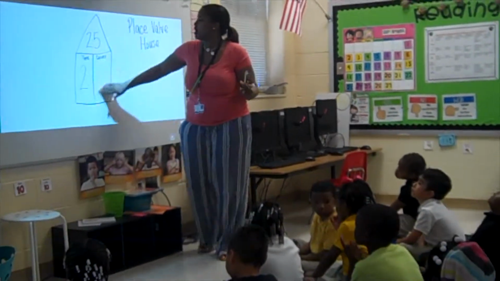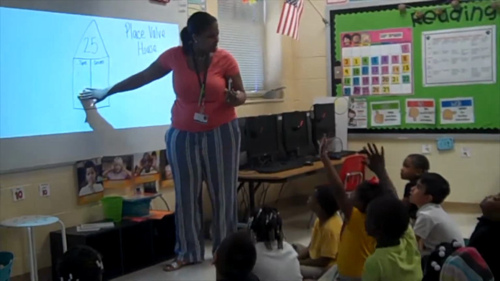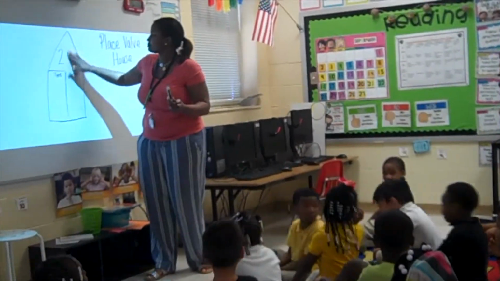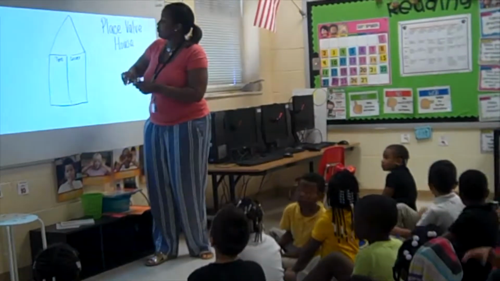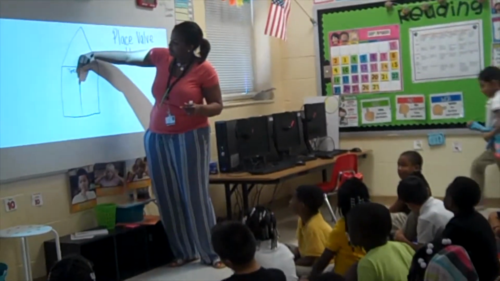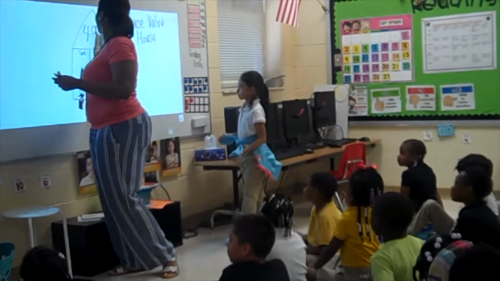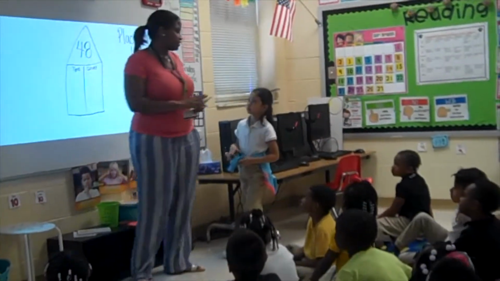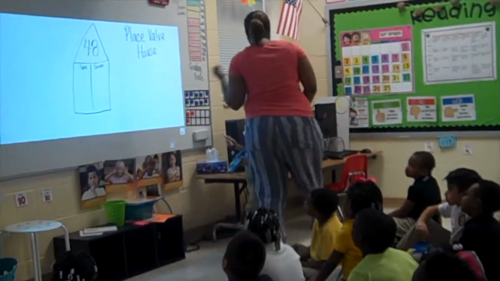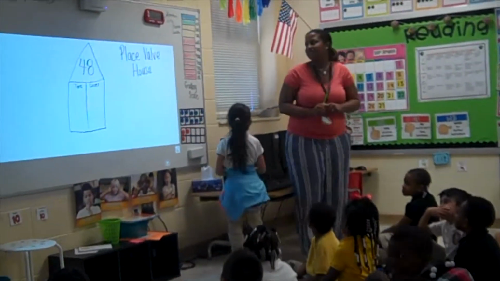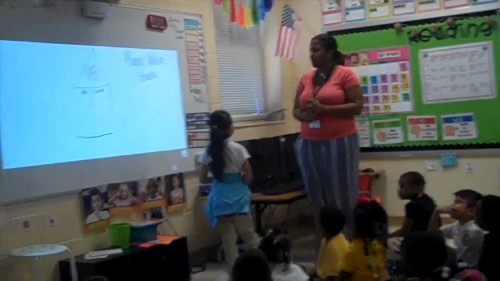So, I'm going to call on Rosa. Come here, Rosa. Alright, I am going to put this number here. What number is this, Rosa? 48. Can you put it inside of the place value house?